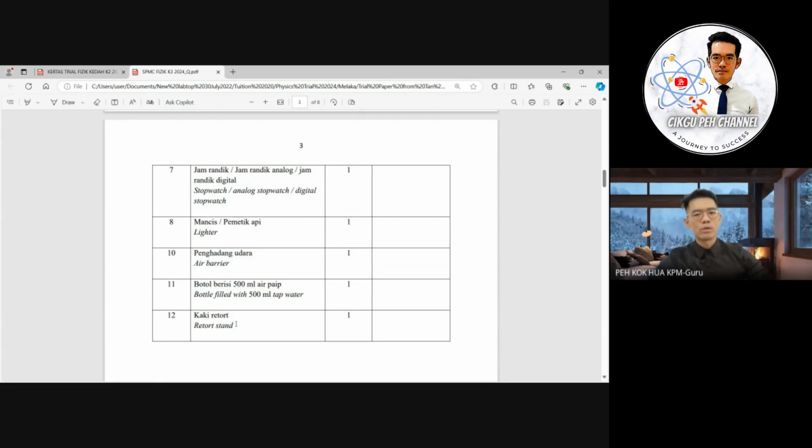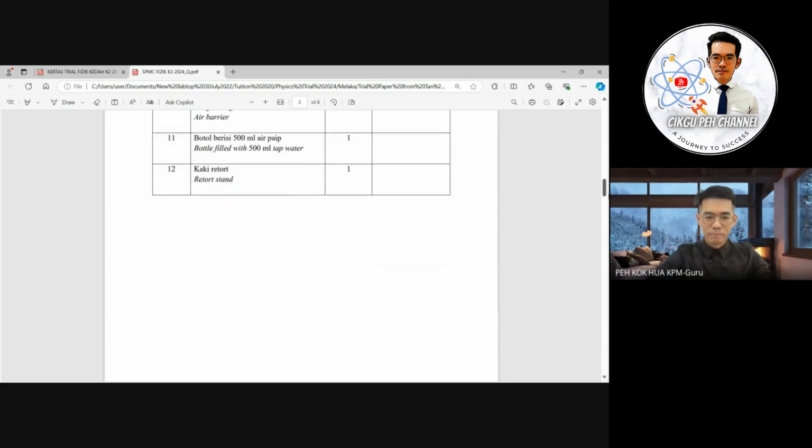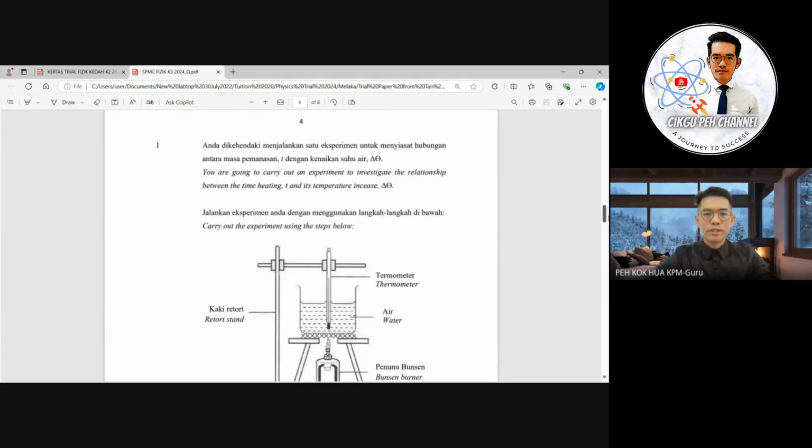I think not all the material is used. Here an example air barrier is given, so no problem. You see the question already gives you the aim.